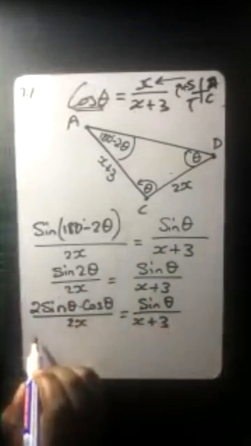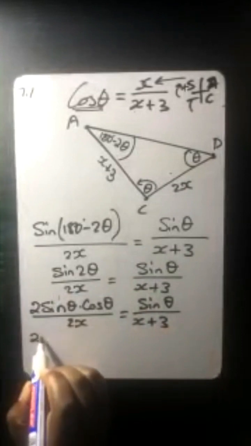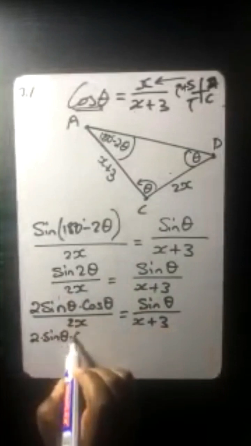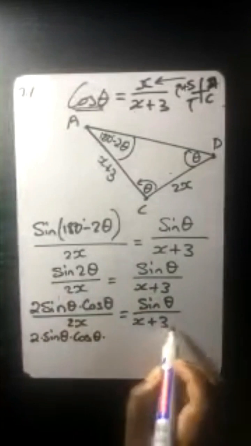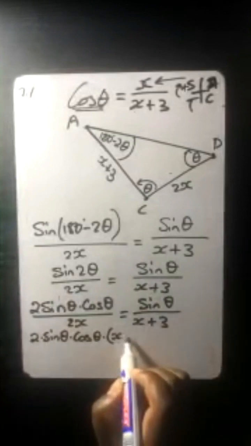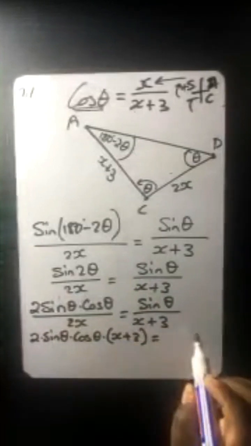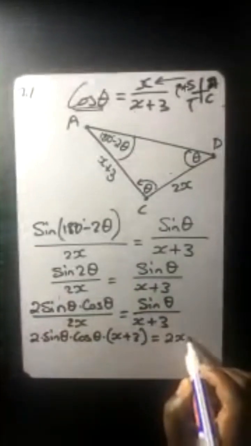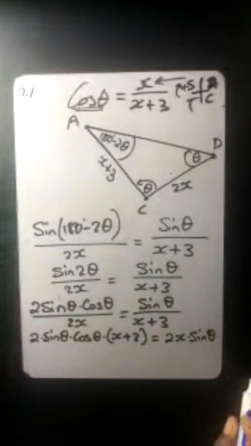So we are going to have 2 multiplying sine of an angle times cos of an angle times the whole of that, because we are now cross multiplying. Then this is equal to 2x multiplying sine of an angle.